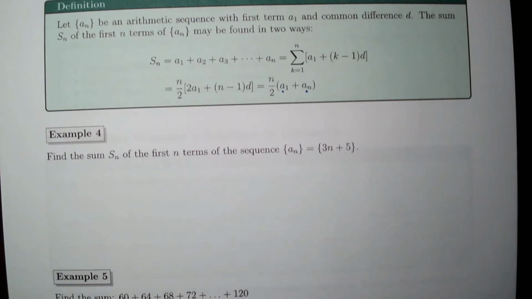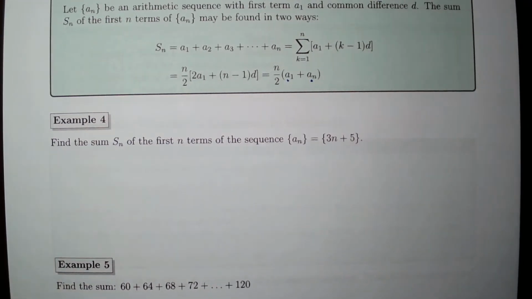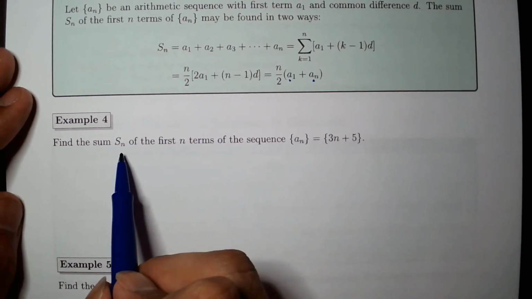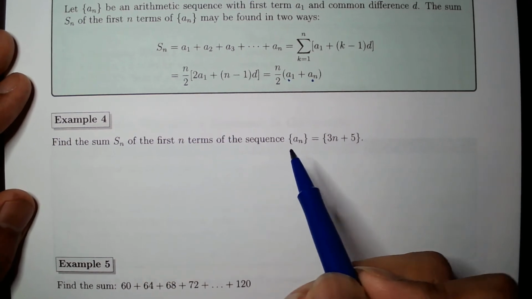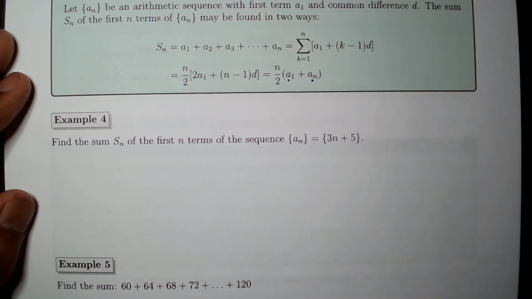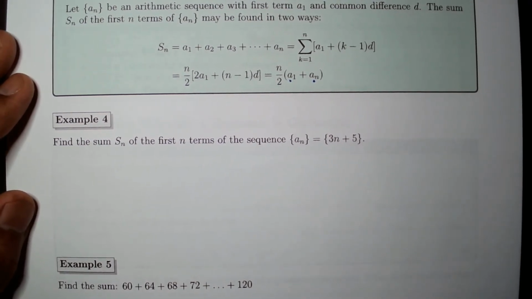So let's see. Find the sum S sub n of the first n terms of the sequence a sub n equals 3n plus 5. So what are we going to do?